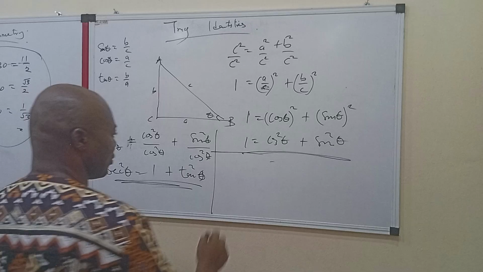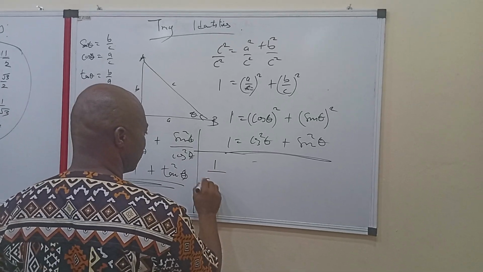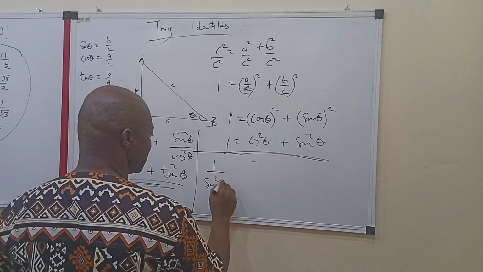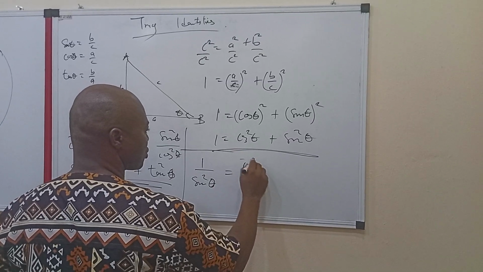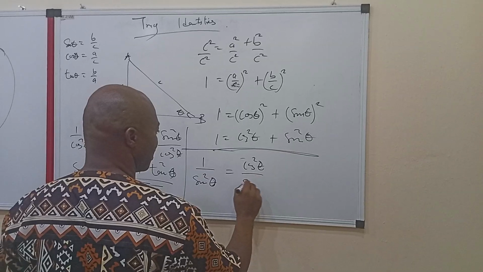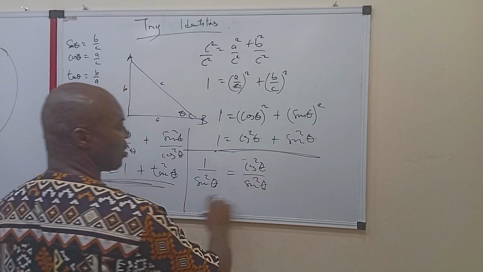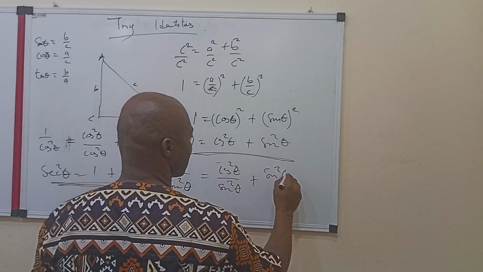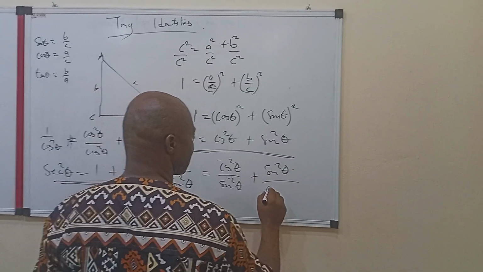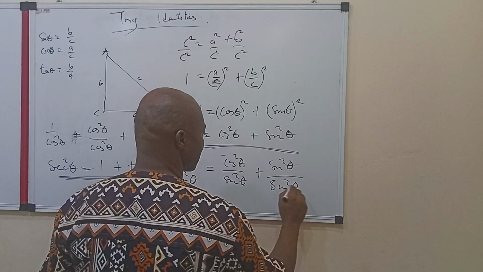If we also choose to divide this same thing by sine, what are we going to have? That is 1 all over sine squared theta is equal to cos squared theta all over sine squared theta. Remember, we are dividing everything by sine squared theta, plus sine squared theta all over sine squared theta.